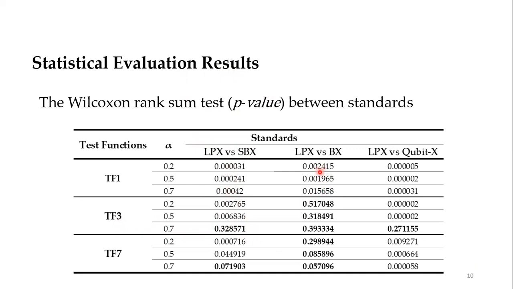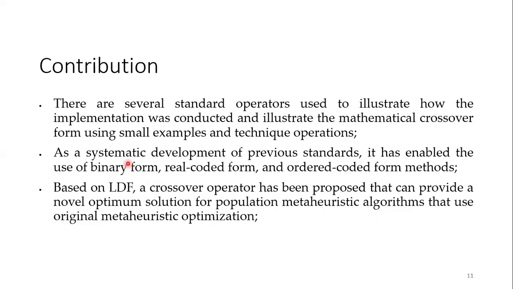Here again, it performed well, but not when the results of LPX were compared with BX. So here it didn't perform well, here also it didn't perform well, while here it performed well. So all in all, the contribution is very good and promising.